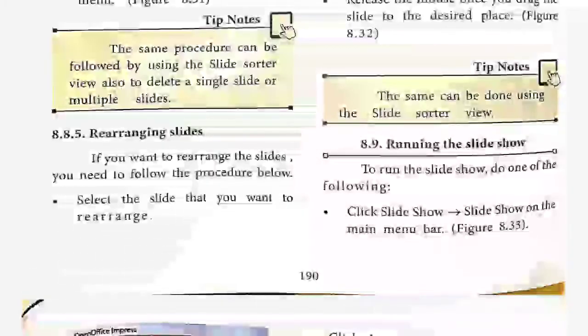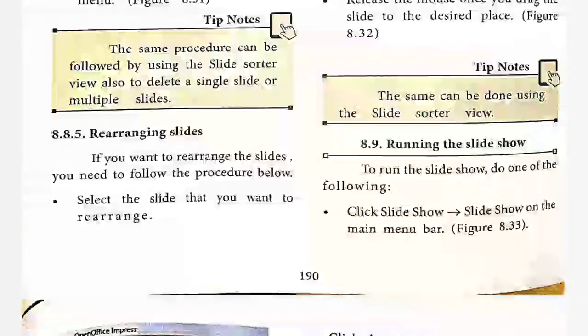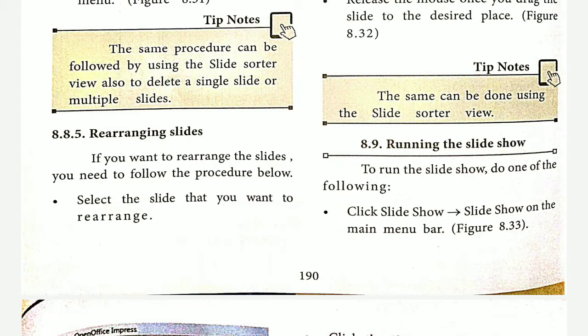Next is rearranging the slide. If you have made some mistake in sorting the slides, and you want to move the second slide to the third position or the third slide to the second position, you can do it this way.